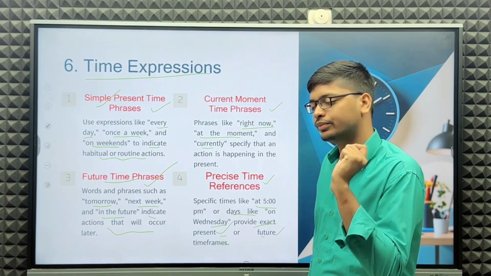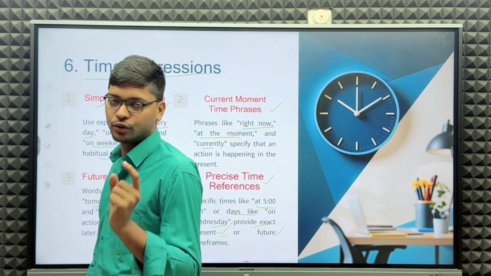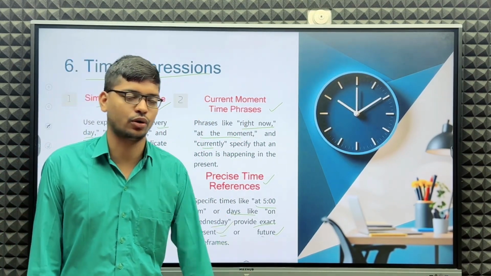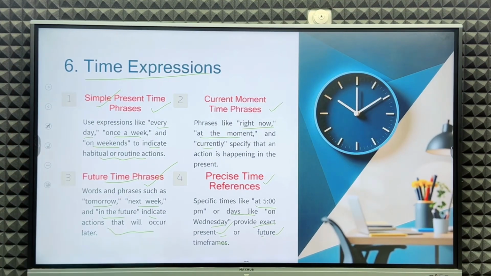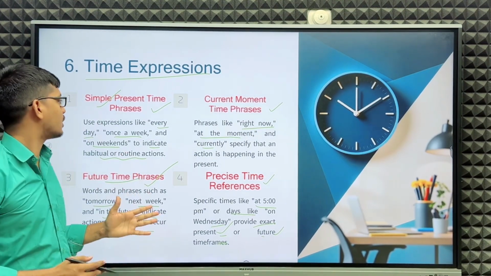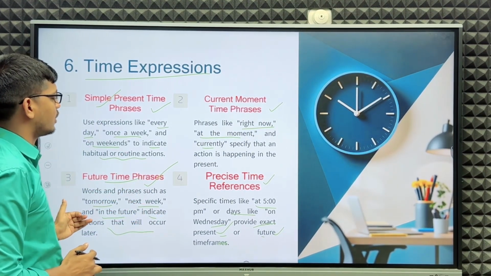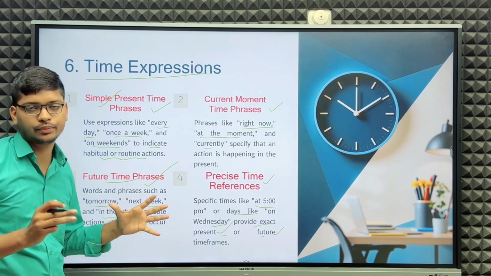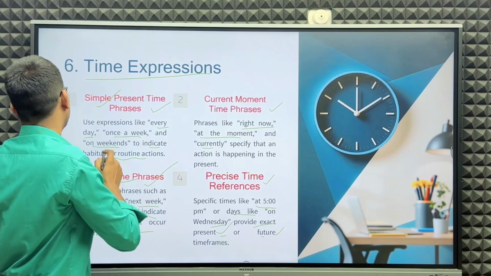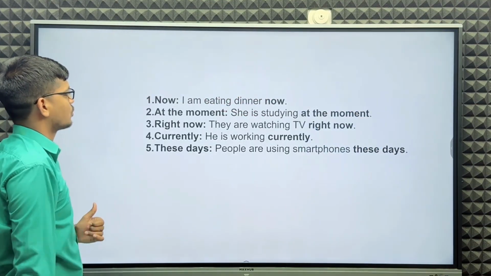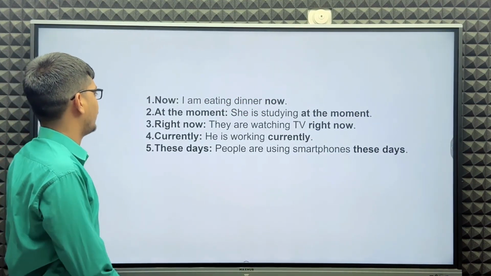Then in this situation we can use present tense also. Okay, so these are all time expressions, so we can use present tense or simple present tense also in this type of situation. So let's see an example here.